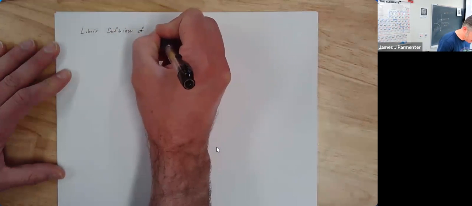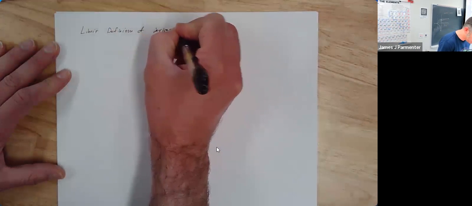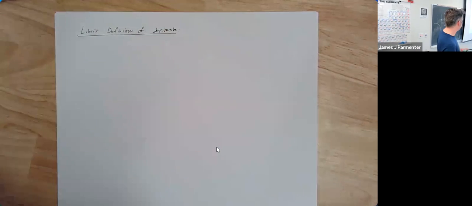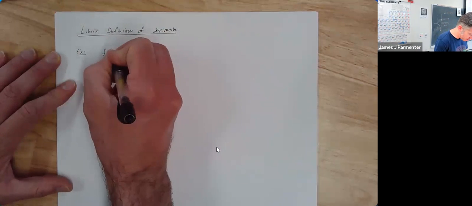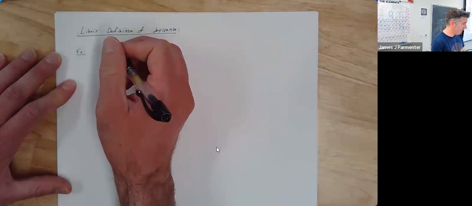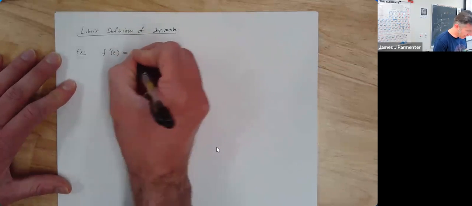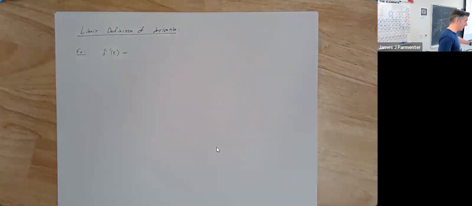And I would say we kind of have two different versions of this. You might not want to write this down, but I just want to show you. For example, if you were trying to find f prime of 2, the derivative of f at the point 2, I'm not going to say what the function is. I'm just trying to point out the definition.